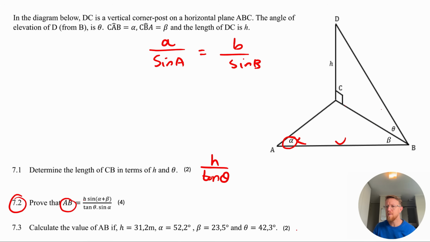So how are we going to find that angle? Well, we know that this is a triangle, and we've got this angle and this angle, so we need to find that angle. How? Sum of angles in a triangle.